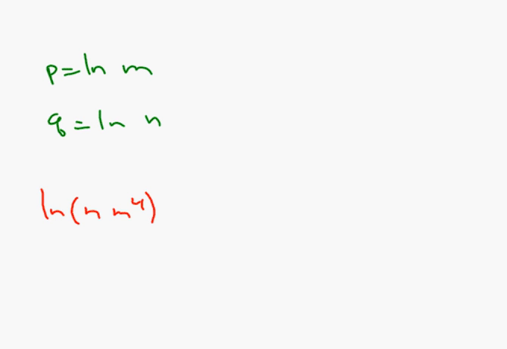We're supposed to write our answer in terms of P and Q. Here we can see we have a product of variables, and one variable to the power of 4. So I'm going to rewrite it this way, and I can do that by the first rule. It says that the ln of a product is the sum of the two logs, right?